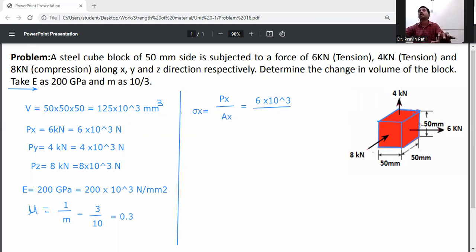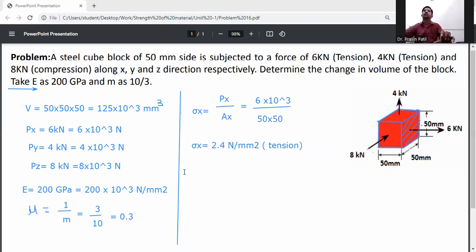Actually all these are 50 into 50. So sigma x is equal to 6 into 10 raised to the power 3 divided by 50 into 50, which is 2.4 Newton per mm square. This one is in tension.